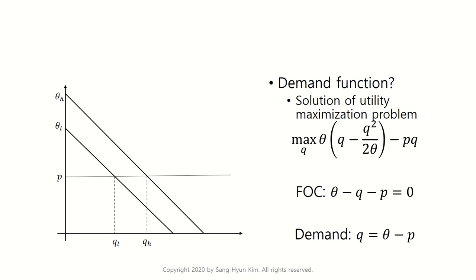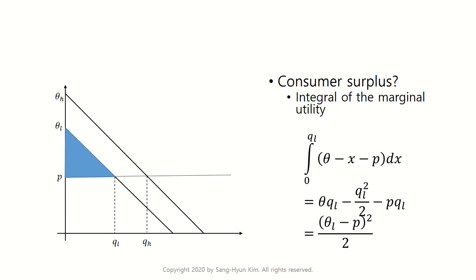Theta L minus P. According to this demand function, which shows the optimal level of quality to be demanded, QL is simply theta L minus P. So I use that fact to get the third line of this equation.